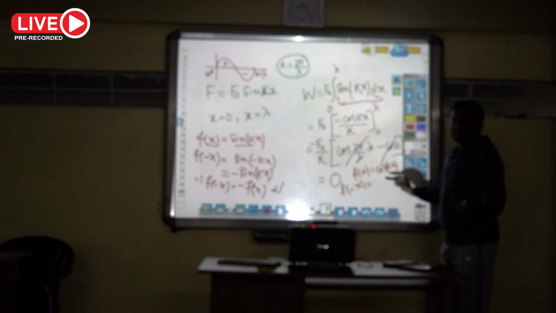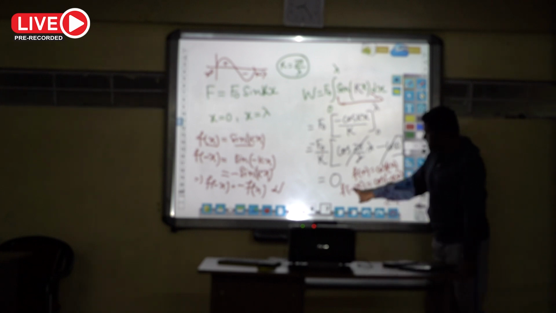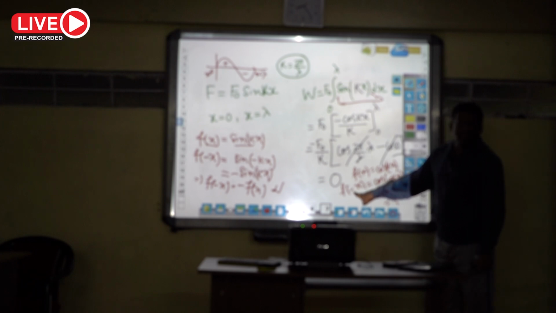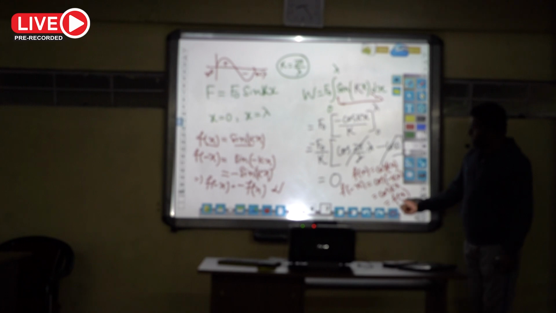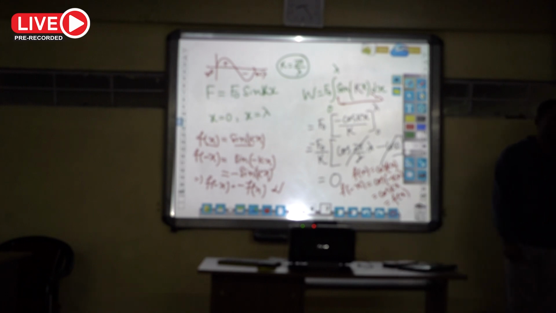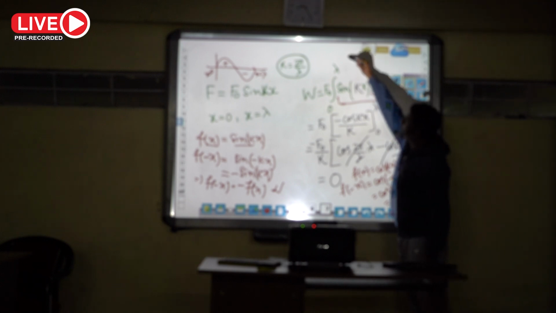There will be no minus sign coming out, it is similar to cos kx, nothing will change, so it will be f of x. See, if the argument is changed to minus sign, there is no change in the function, it will become again positive.